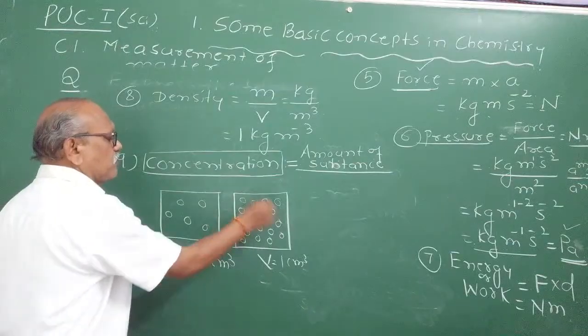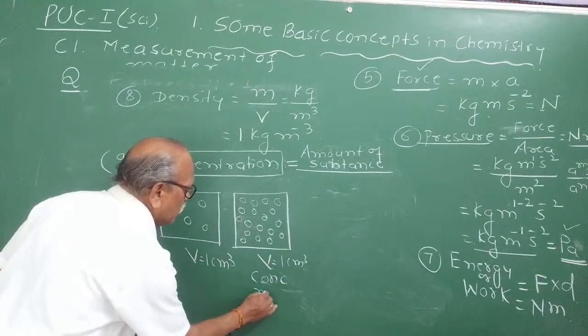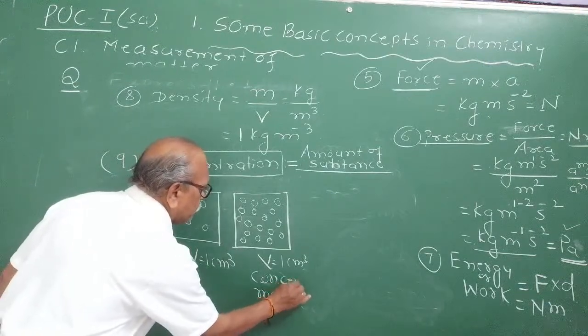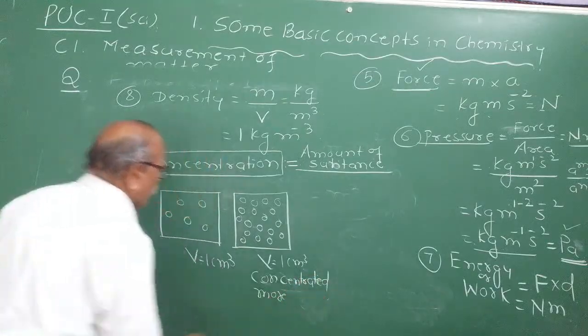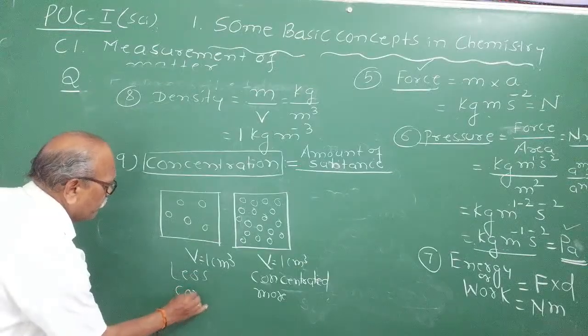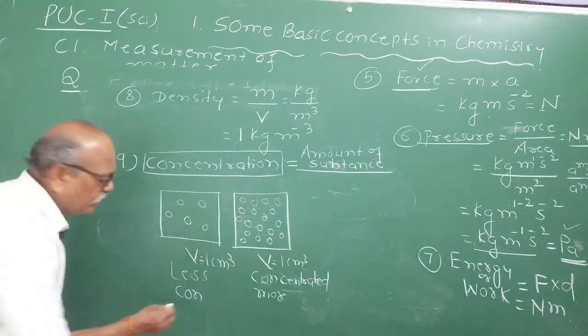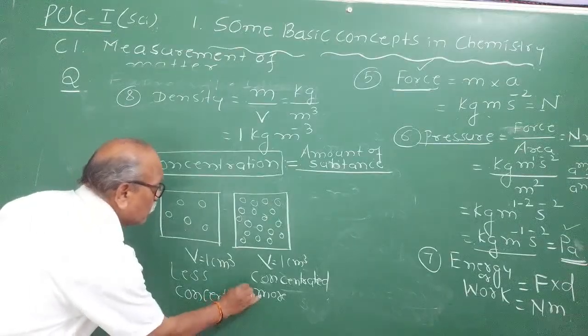Same given volume, if the number of particles are more, then we say that it is more concentrated. It is qualitatively concentrated, and this is less concentrated. Volume is the same, less concentrated, more concentrated.